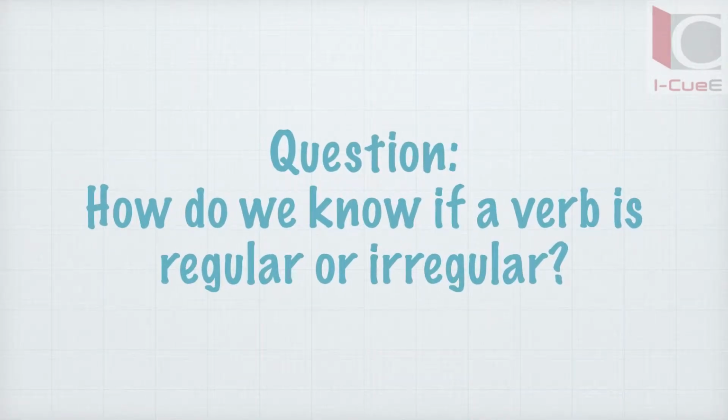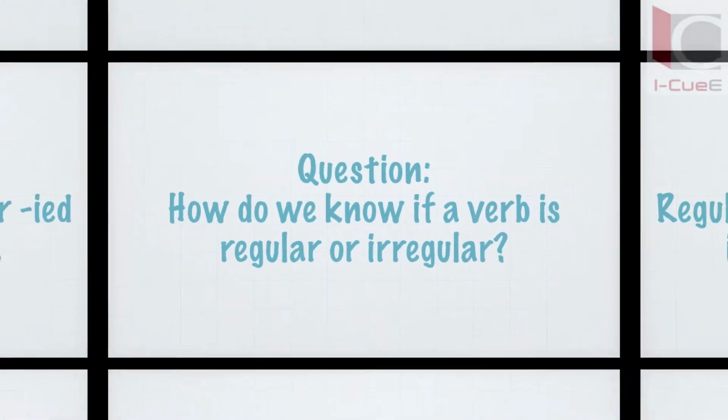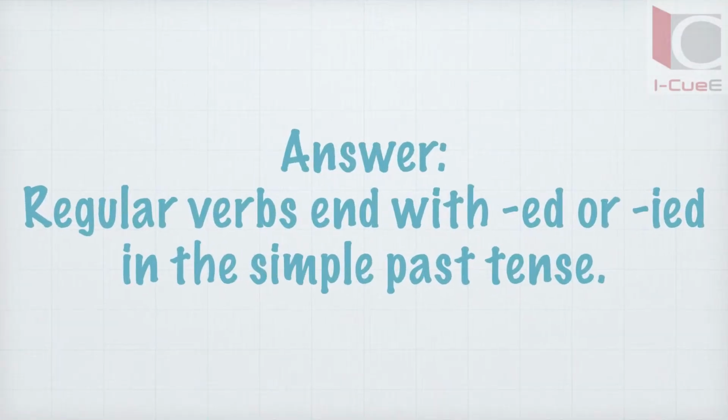How do we know if a verb is regular or irregular? Regular verbs end with ed or ied in the simple past tense.